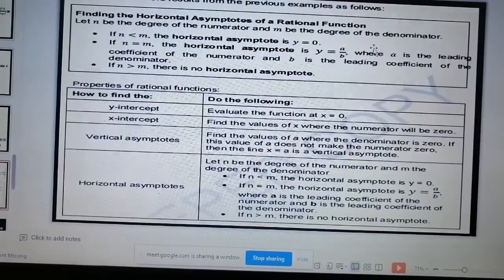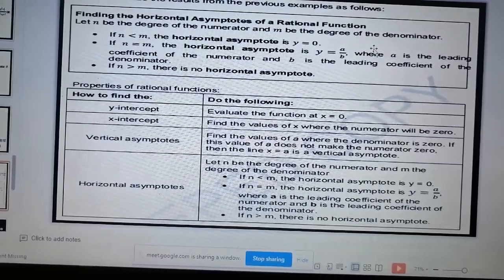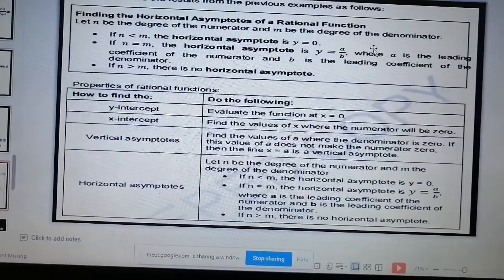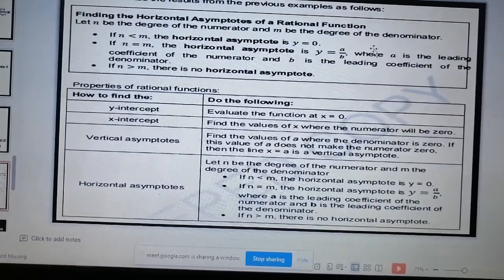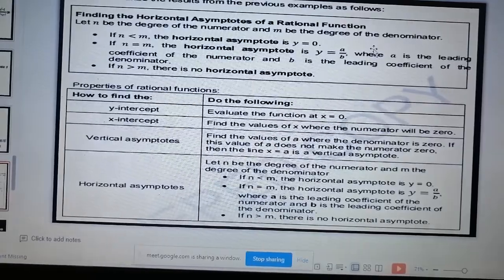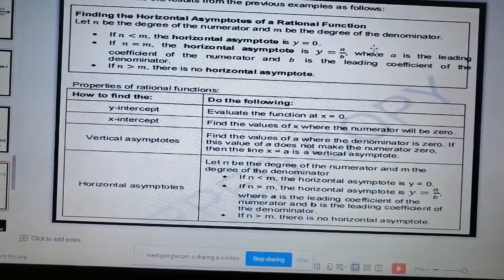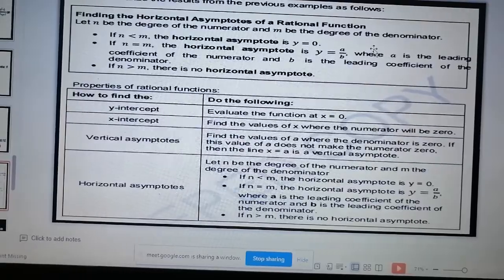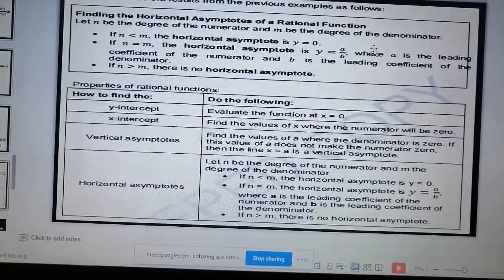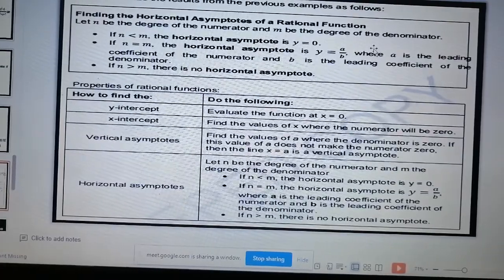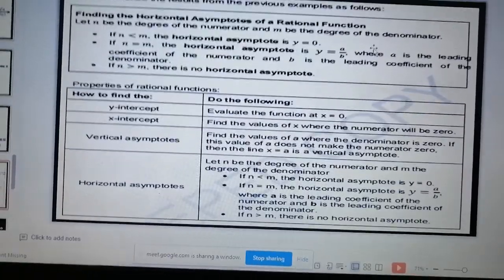Pero kapag n is equal to m, the horizontal asymptote is y is equals to a divided by b. Ibig sabihin, kapag ang numerator at denominator niya ay equal, ang horizontal asymptote niya ay y is equals to a over b, where a is the leading coefficient of the numerator and b is the leading coefficient of denominator.